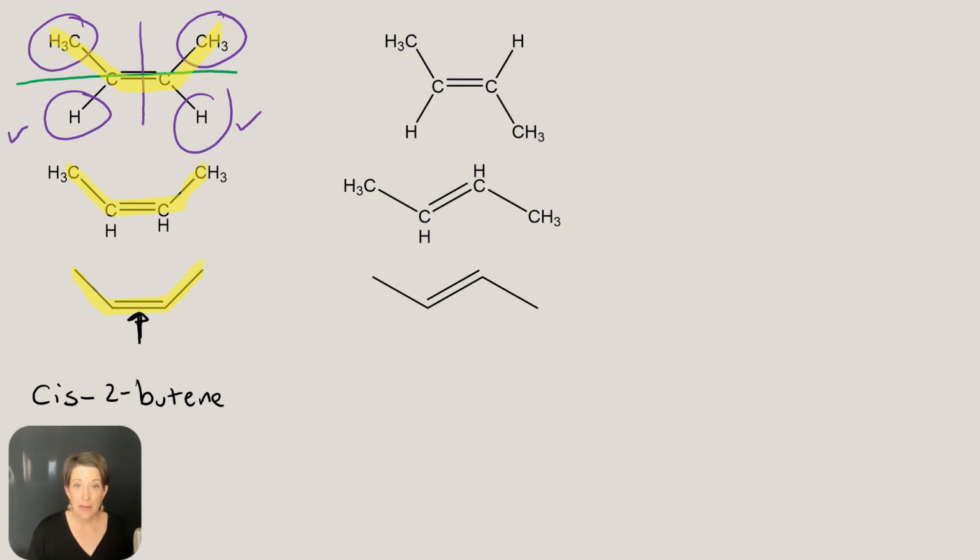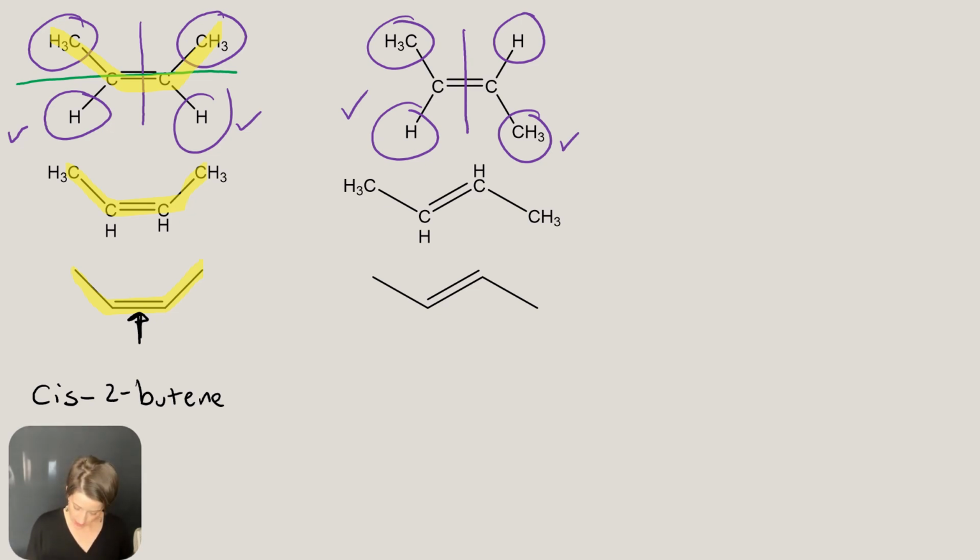Let's follow the same pattern. Looking at our vertical line first, are my groups different on either side of that double bond? They are. So we could have that cis-trans conformation. Now we're going to go horizontal so we can track the groups.